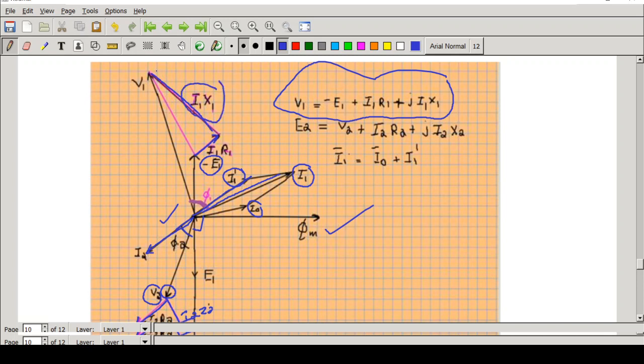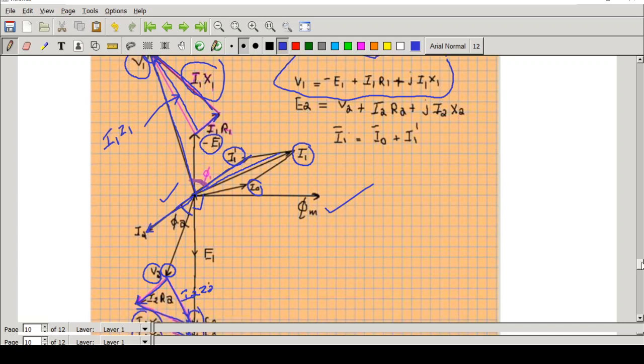And from this point, I will draw a line to the origin which will give the vector V1. Because this is a sum of I1 R1 and I1 X1, I can take it as I1 Z1. So this is how I draw the vector diagram for an actual transformer on loaded condition for an inductive load.